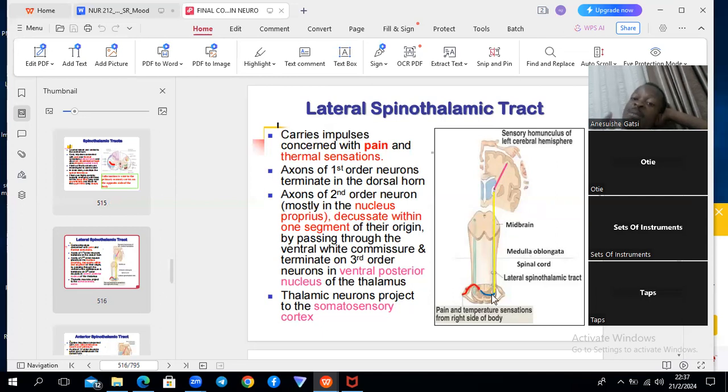Remember, we said these fibers have to cross at some point. So the dorsal column in the spinal cord was ascending on the same side, then it would only cross in the medulla. But the spinothalamic, what happens is at the point of entry in the spinal cord, it will cross to the opposite side, then ascend on the side of the brain where it's supposed to go.